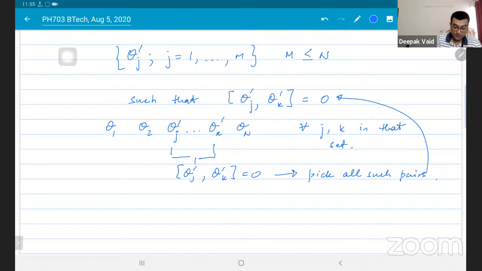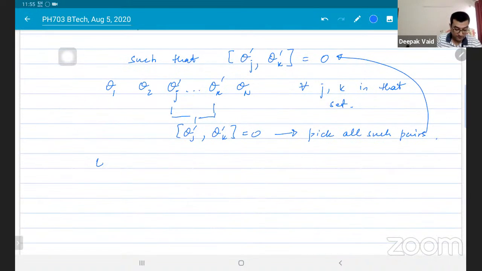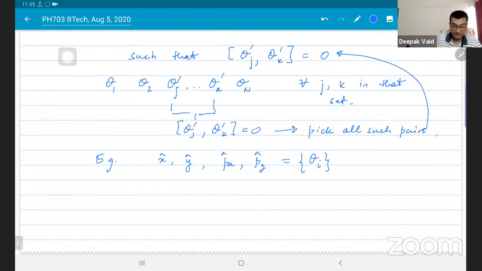As an example, let's say we start with our operators for a two-dimensional potential well like this. This is our initial set of operators. When you write curly braces, it means that you're talking about a set of objects. So this is a set of operators, O_i, 1, 2, 3, 4.